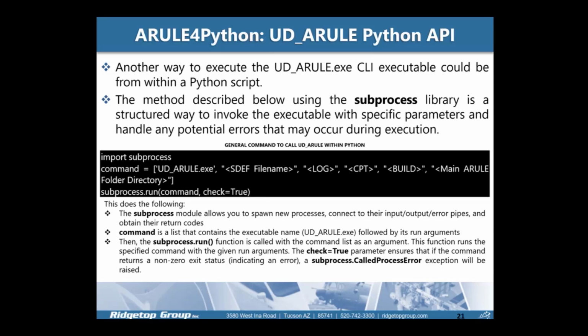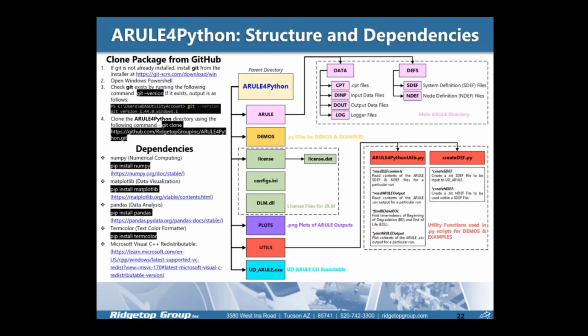ARU for Python is available on GitHub. You can go in there, clone it to your local machine, and get started that way. Shown to the right here is a flowchart of how ARU for Python is organized. The very first folder is your main ARU folder, followed by the demos folder, which houses the scripts to run ARULE scenarios in Python and a few examples.